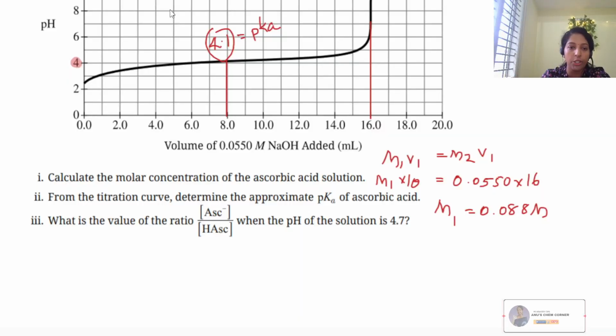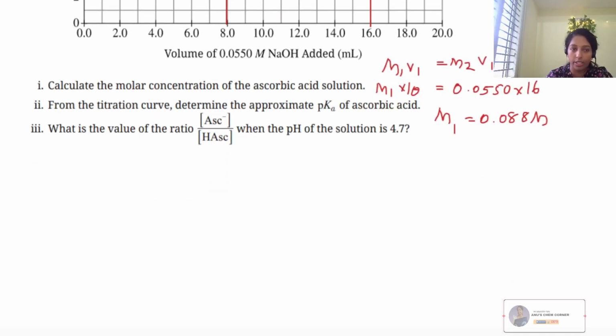There is a titration video. You can see that one. Okay, so here before the equivalence point, the system is a buffer. So you can directly apply the buffer equation, the Henderson equation. What is that one? pH is equal to pKa plus log of base over acid concentration. Isn't it? Okay.